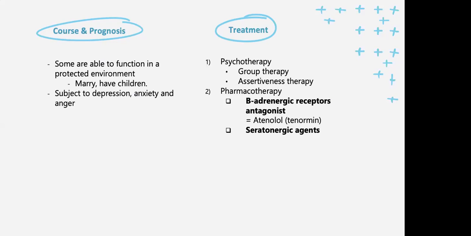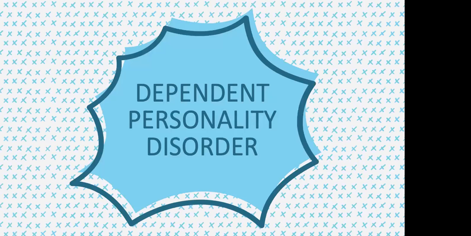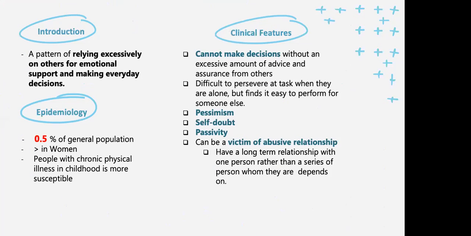For treatment, the main treatment is psychotherapy, which includes group therapy and also assertiveness therapy to increase their self-esteem. Pharmacotherapy is only given when the patient has symptoms of anxiety or depression, and we can give beta-adrenergic antagonist or serotonergic agent.